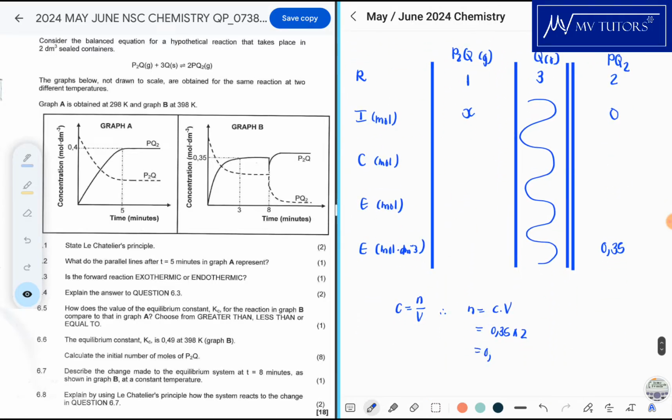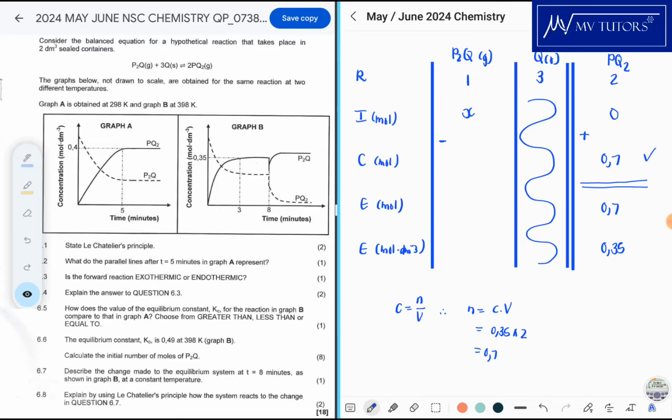So we're going to have 0.7 moles at equilibrium. Because we know that in the change, the reactants decrease while the products increase. Now if our equilibrium is 0.7, it means the change was 0.7.